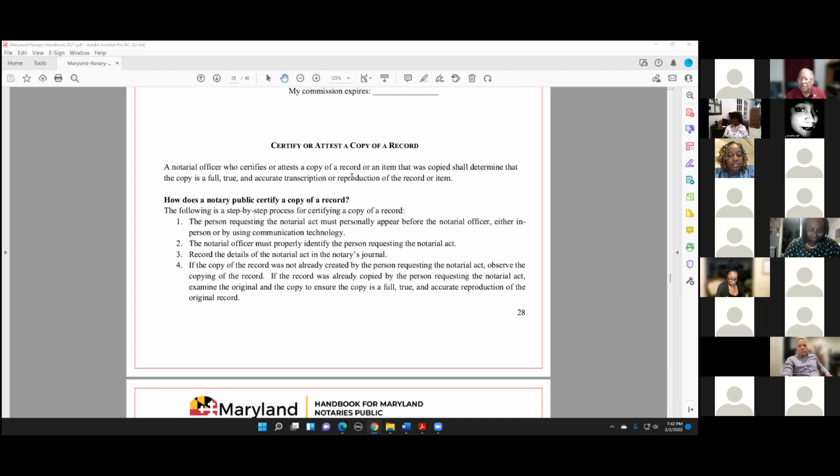So Sonia. Yes, Sonia, sir. Yes, sir. So if someone brings you a copy of their driver's license on a piece of paper, but does not show you a driver's license, and they copy that copy, then the first one they bring you is the original. Oh, okay. See, that's how that works. So even if they don't bring you the original driver's license, but they bring you a copy of the driver's license, they make a copy of that.